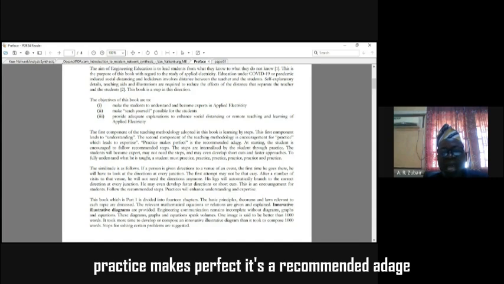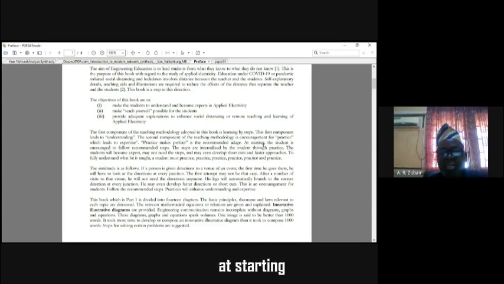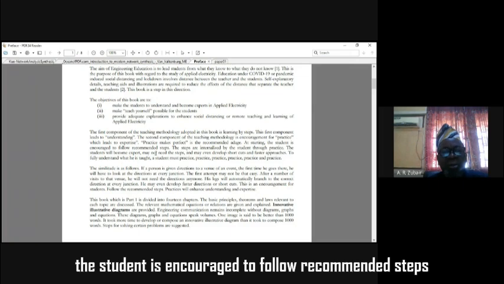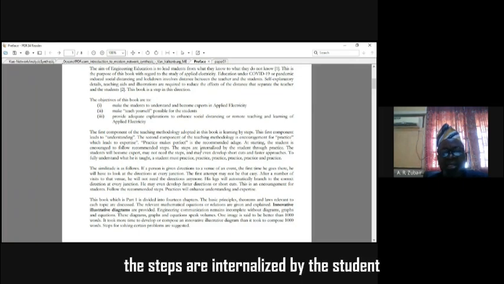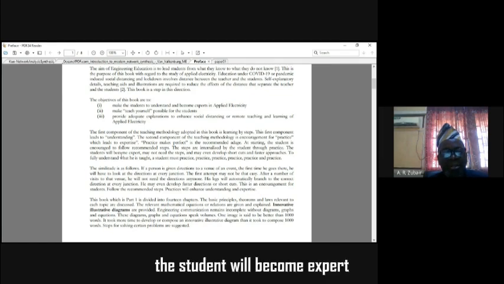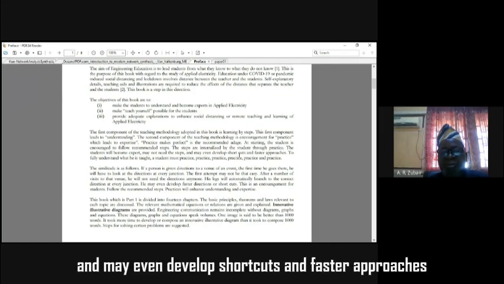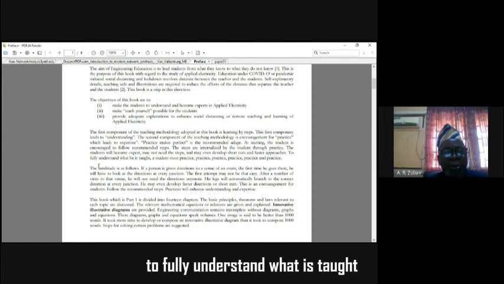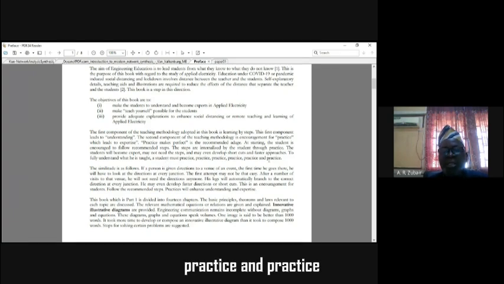At the start, the student is encouraged to follow recommended steps. The steps are internalized through practice. The student will become expert, may not need the steps, and may even develop shortcuts and faster approaches. To fully understand what is taught, a student must practice, practice, practice.